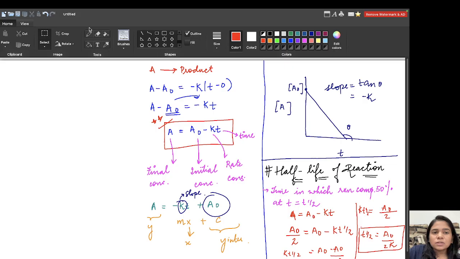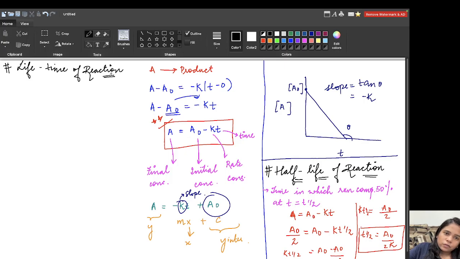Similarly, there is one more thing called the lifetime of a reaction. What is lifetime? It is where T equals T lifetime and your reaction is almost completing, so A is becoming 0.